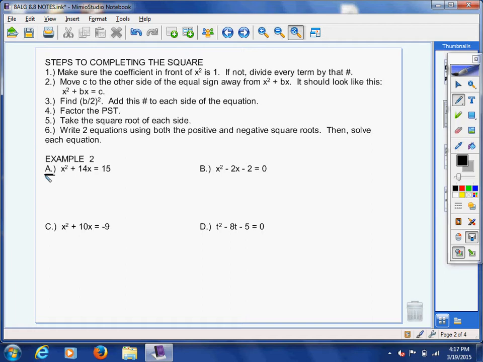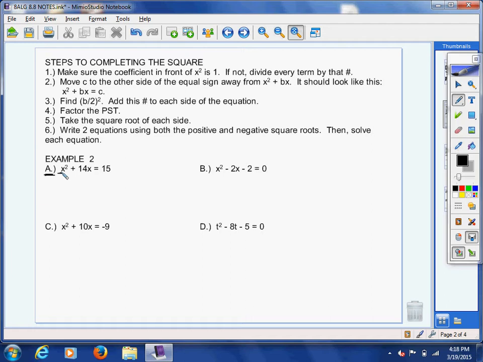Don't worry about that. So, in example 2a, you see that we have an understood 1 in front of our x squared. So we don't need to worry about doing step 1. We checked it. We made sure there's a 1 there. All right, step 2. Move your constant number to the other side of the equal sign.